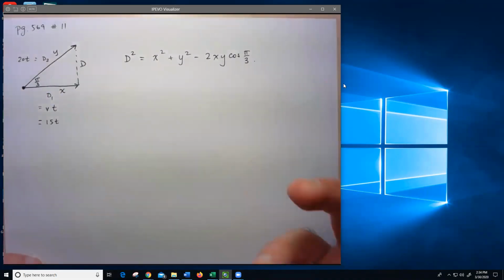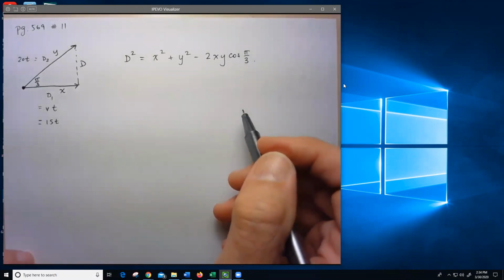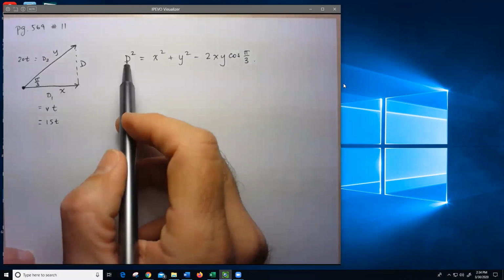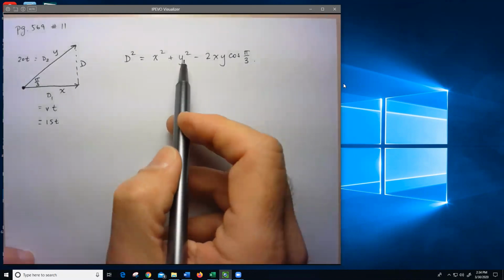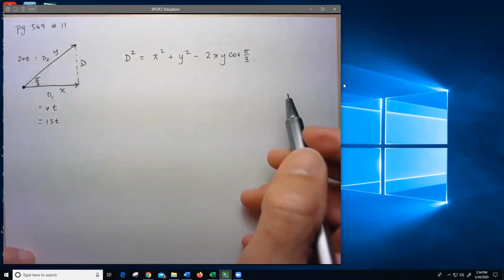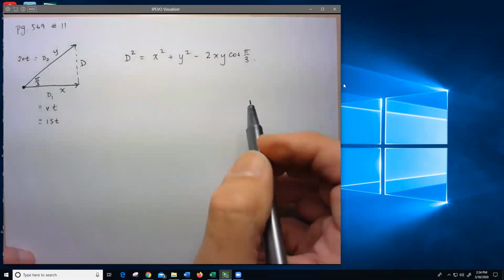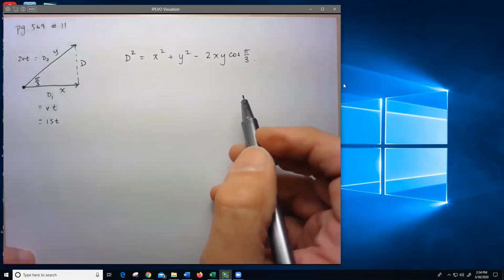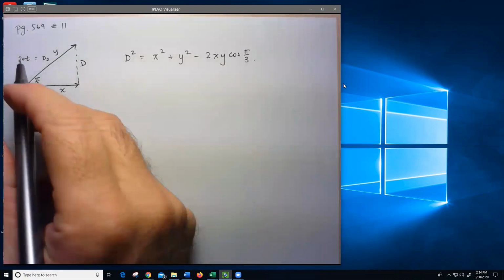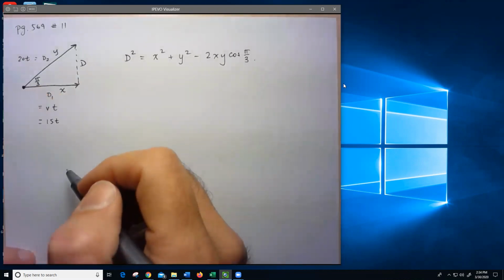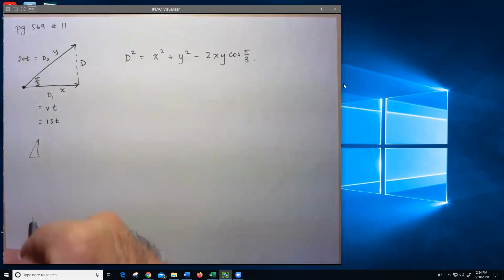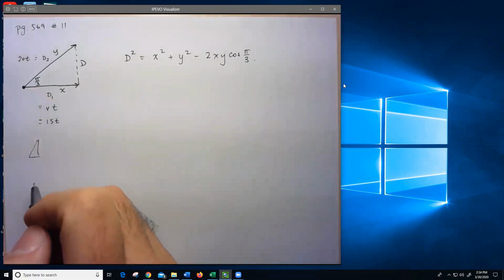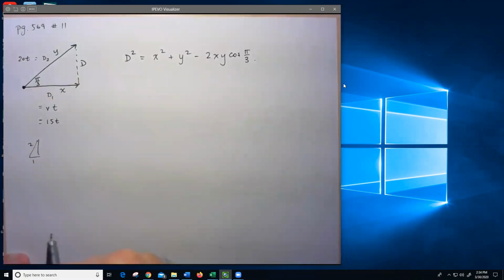I can solve this as a related rates problem because I know that the rate that this is changing is going to be related to the rates of the other two sides, all right? And so I don't actually have to write it in terms of time. I can do this even more easily than my original idea, all right? So what is cos of pi over 3? Okay, so pi over 3 is the taller one, so it's just 1 over 2.